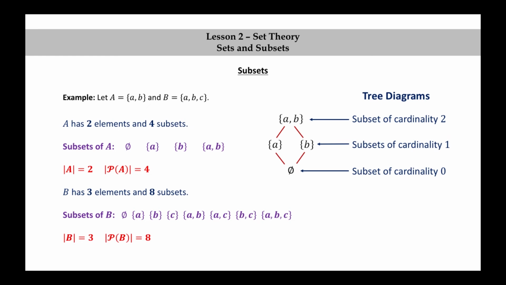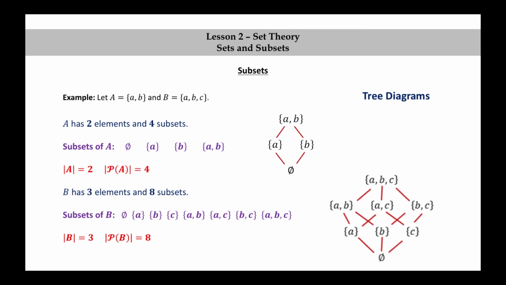There are also a couple of hidden relationships here, right? Because the empty set is a subset of the set {A, B}, and we can see that by tracing either the lines on the left from empty to A to {A, B}, or the lines on the right from empty to B to {A, B}.